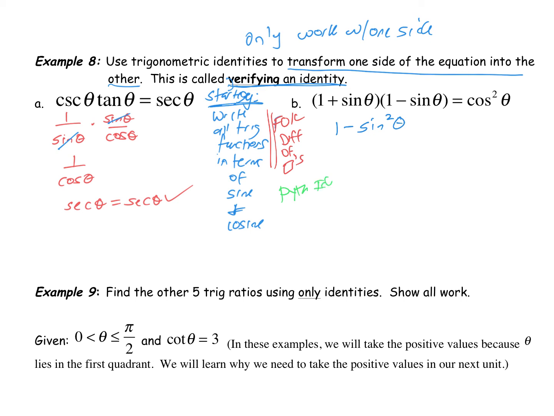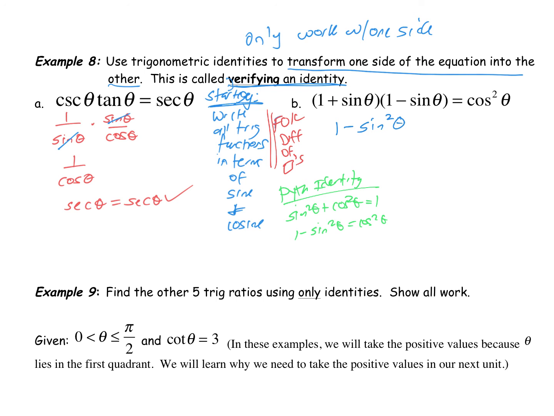We know there's a Pythagorean identity that has to do with sine squared theta and cosine squared theta, and that is that sine squared theta plus cosine squared theta equals 1. If we rewrite this, subtracting sine squared theta from both sides, we'll get 1 minus sine squared theta equals cosine squared theta. This isn't part of the verification, it's just our thinking off to the side.